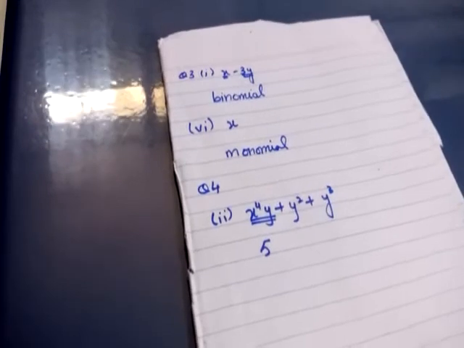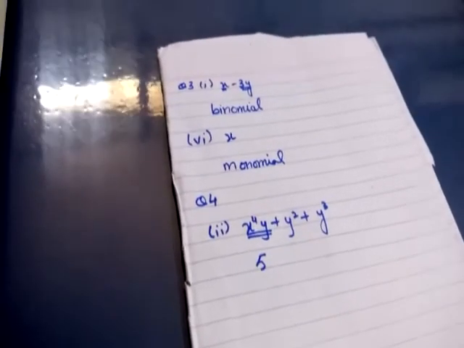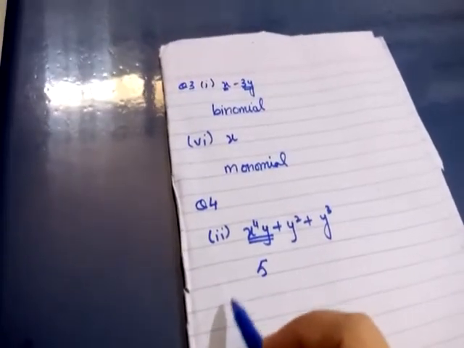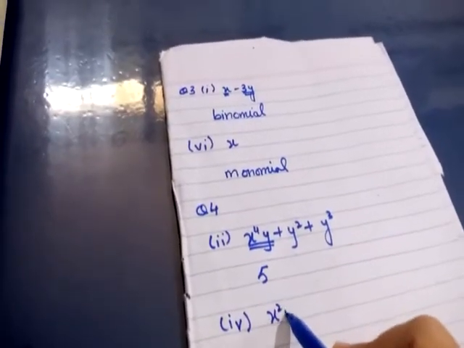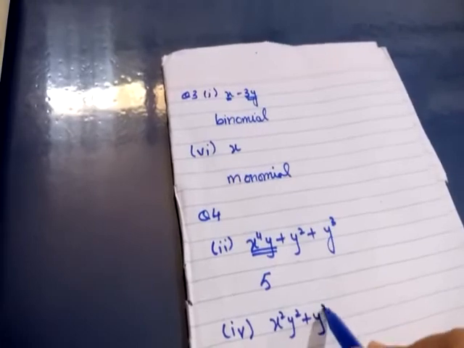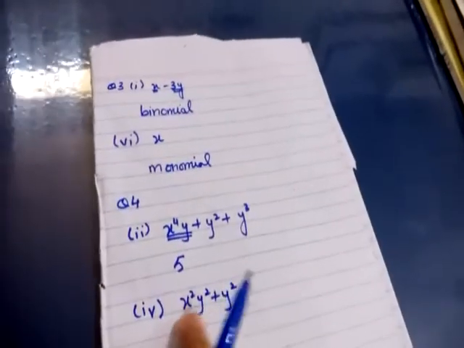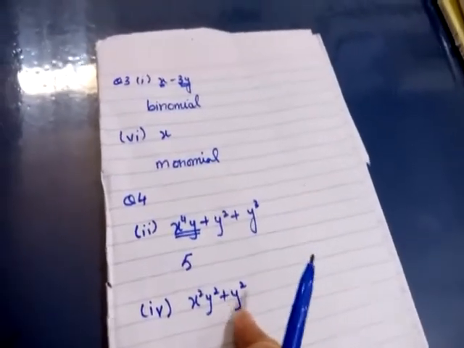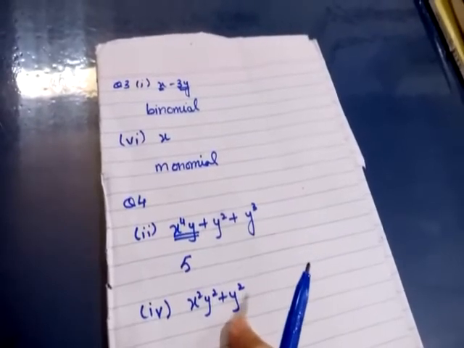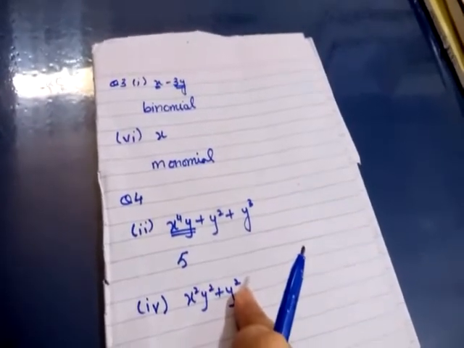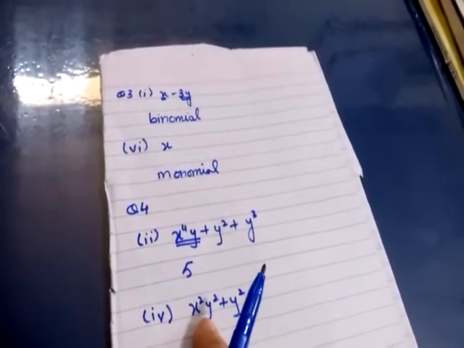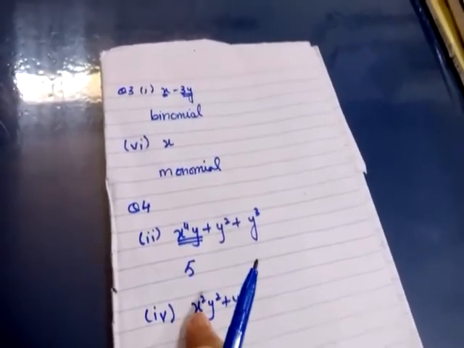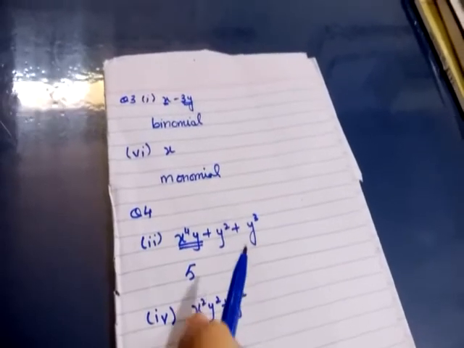We have another example of this question, part 4: x square y square plus y square. Now you see that in the first term we have x square y square, whereas in the other term we have only y, one variable, and its power is square. Now we will decide from the first term where two different variables are used, and again we will do the same thing as the previous one.